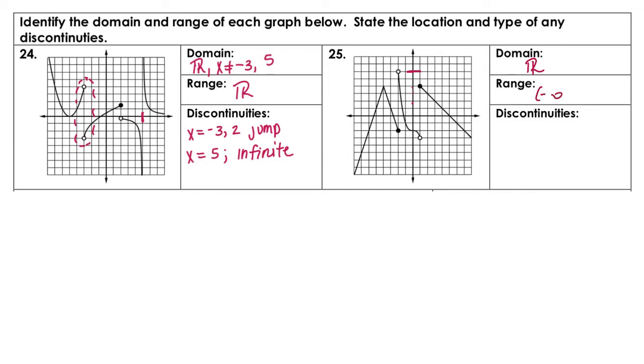So from negative infinity all the way up to 6 not included would be your range. And it looks like we have 2 jump discontinuities. So at x equals negative 2 and x equals 1, it looks like we have a jump discontinuity.